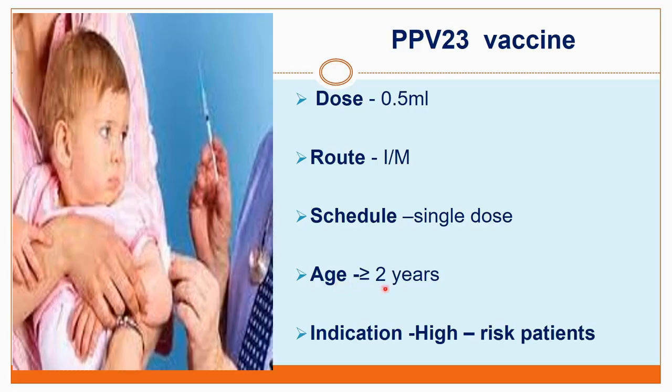Age, you can give only to children 2 or more than 2 years old, and the indication of this vaccine is that this is given to the high risk patients. So who are the high risk patients?